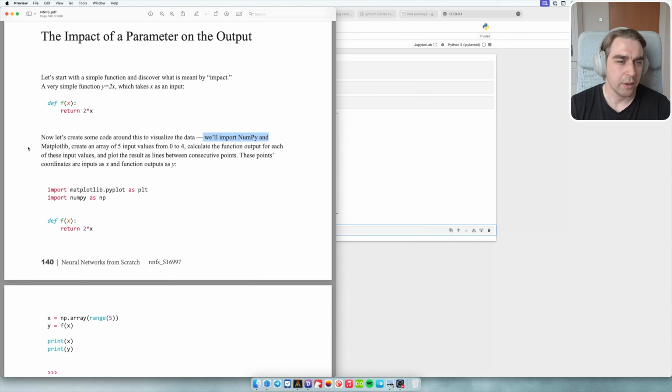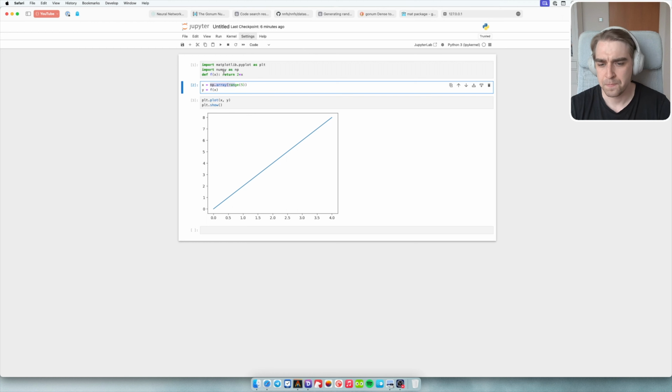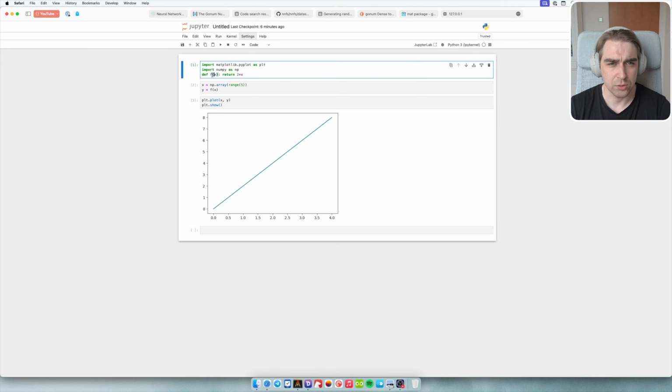We'll import numpy and plotly, create an array of 5 input values from 0 to 4, calculate the function output for each of these values, and plot the results. Basically this creates a range from 0 to 4, then we turn it into a numpy array. Then we calculate the function, and you can use multiplication of a scalar by the array.